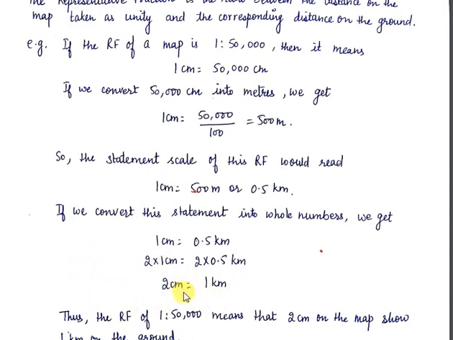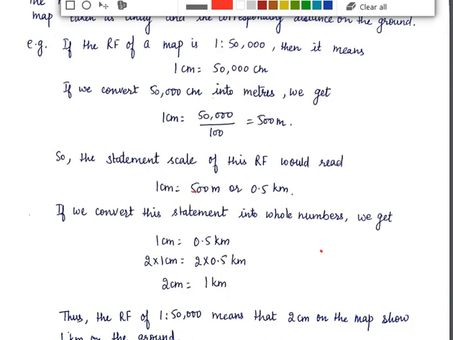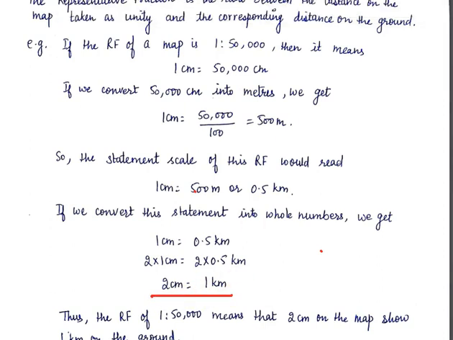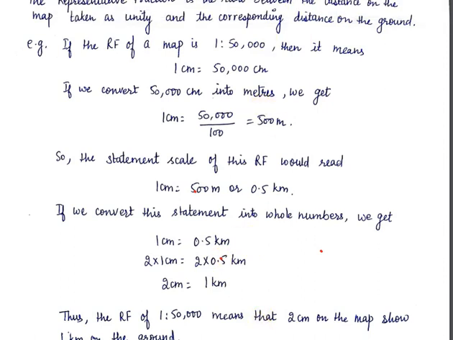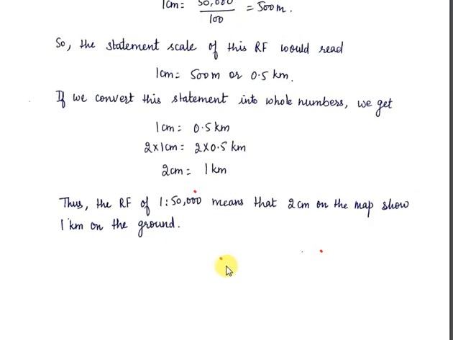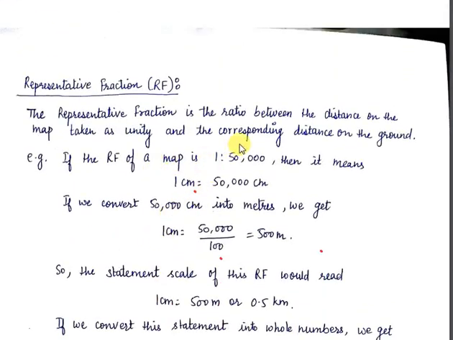Then we get 2 centimeter is equal to 1 kilometer. Thus, the RF of 1:50,000 means that 2 centimeter on the map shows 1 kilometer on the ground.